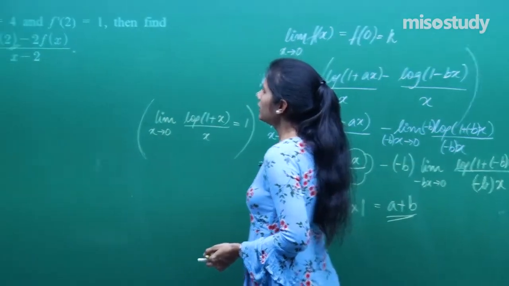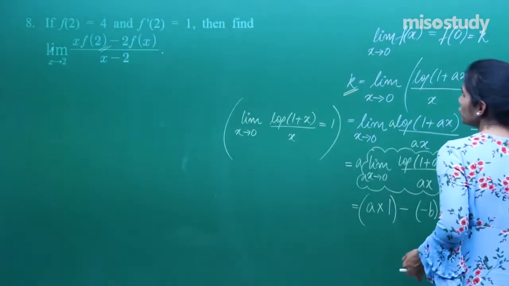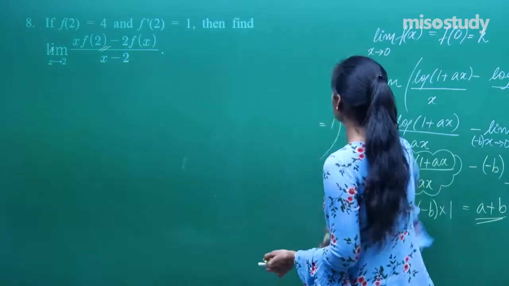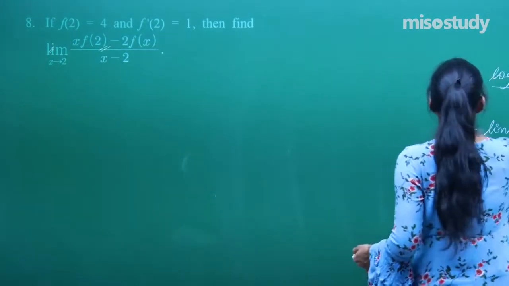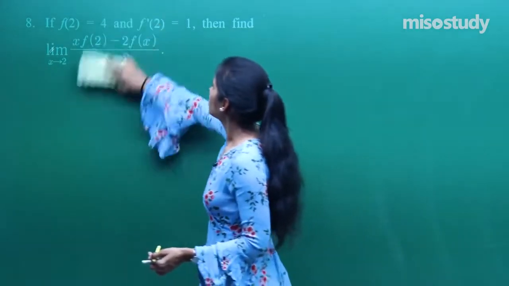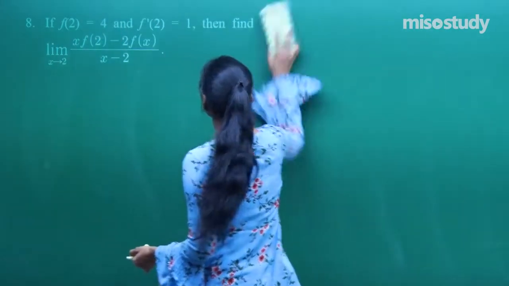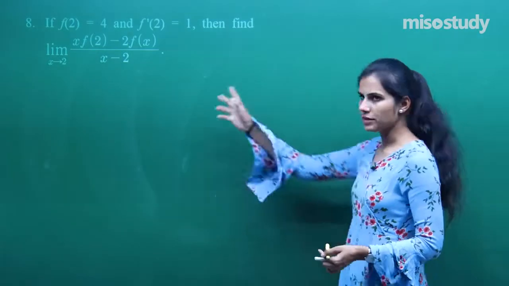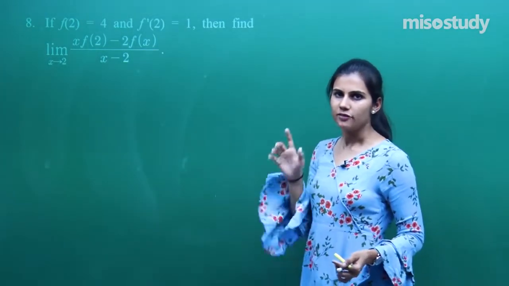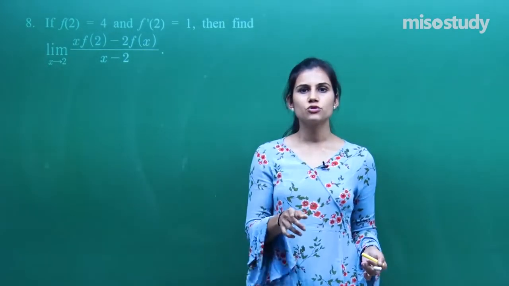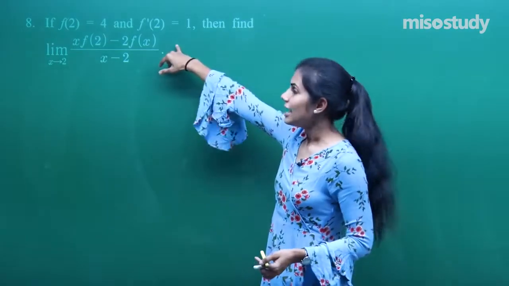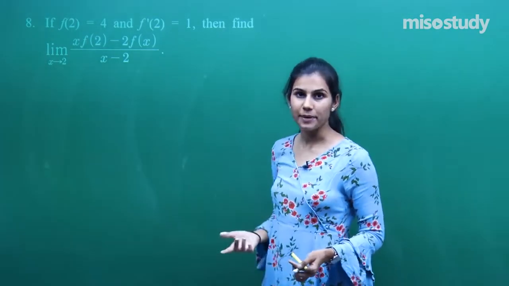We have, if f of 2 is 4 and f dash 2 is 1, then find this limit. Okay. In order to use f dash 2 equal to 1, I should have the very value of f dash 2 in this expression, which right now is not present. The value of f dash 2 is limit x tends to 2, f of x minus f of 2 upon x minus 2.